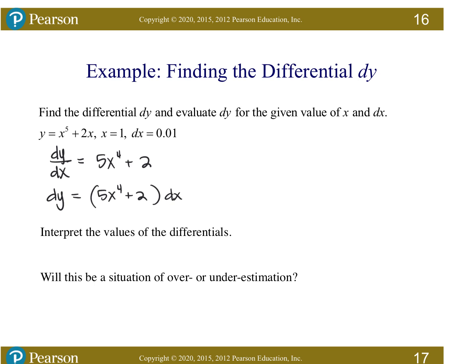So then, dy is going to be equal to 5 times 1, or x is 1, and the differential is 0.01. In other words, 7 times 1/100th, or 7/100ths.